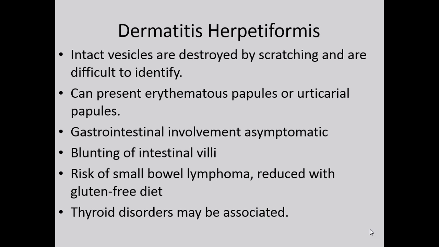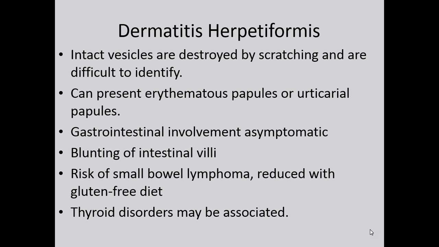But we may see some blunting of the intestinal villi. We may see, with a biopsy, that there are no formed villi, or sometimes with the biopsy we don't see anything.